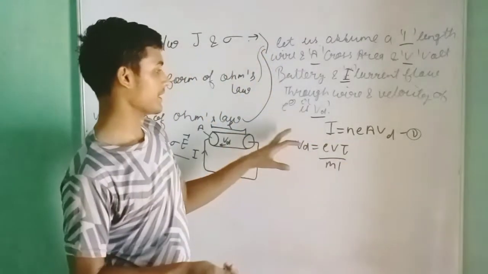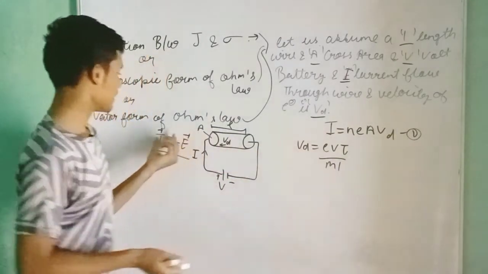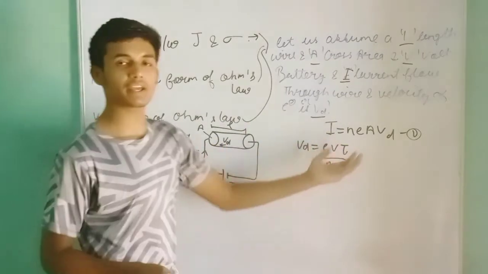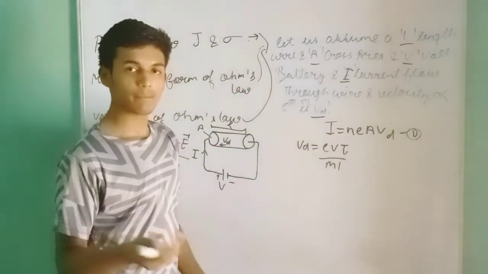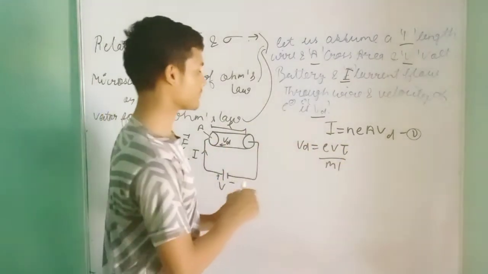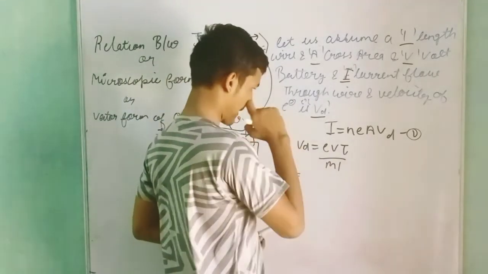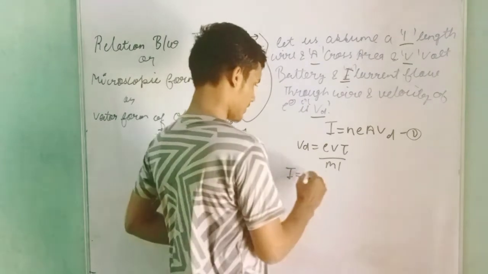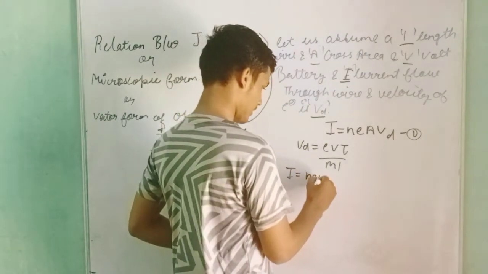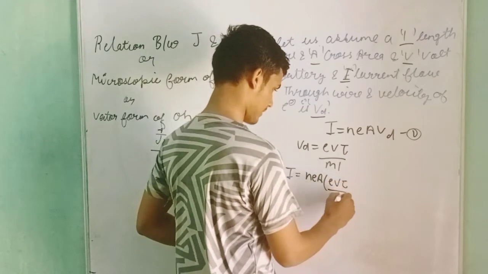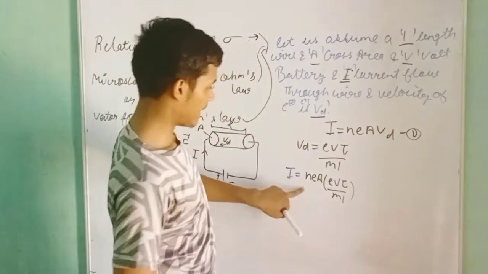First, we take that formula, I upon A is equal to J, and sigma is equal to ne squared τ upon m. So next, I is equal to neA into A eEτ upon m. So n e squared A τ upon m.